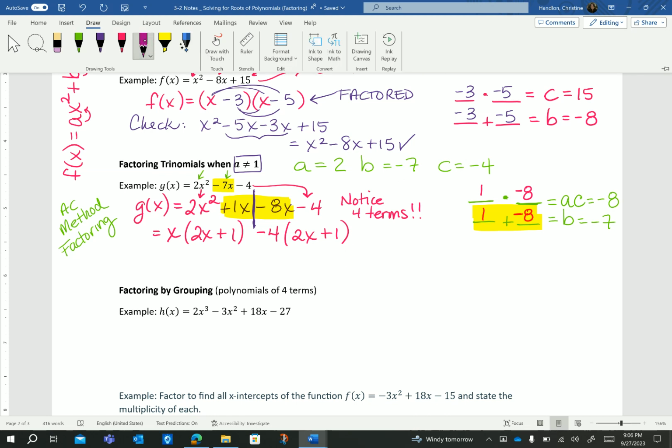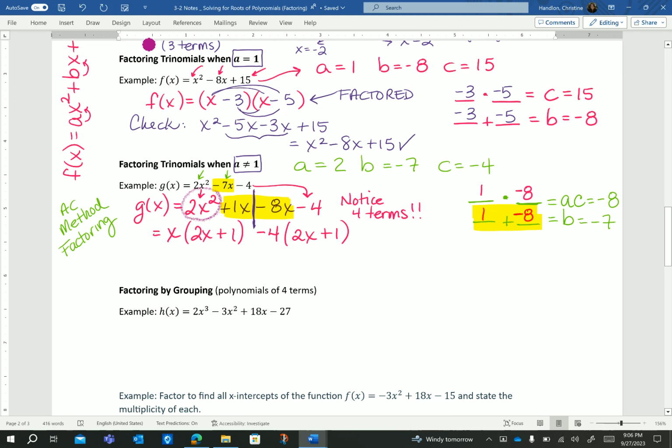What I'm saying is this 2x squared right here was positive, so this was a positive unit. This here was a negative, so this here was a negative. So the first term of the pair, whatever that sign is, that's the sign of your GCF, okay?